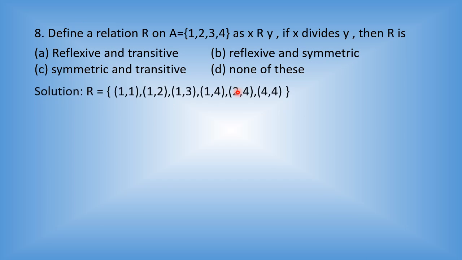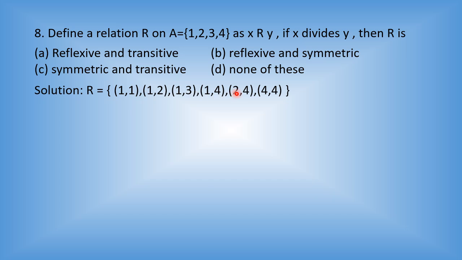So for that, first we have to write what the relation is here. The relation is defined as x divides y. Y is divided by x, the first element. The second element is divided by the first element. So the elements are 1, 1, 1, 2, 1, 3, 1, 4.